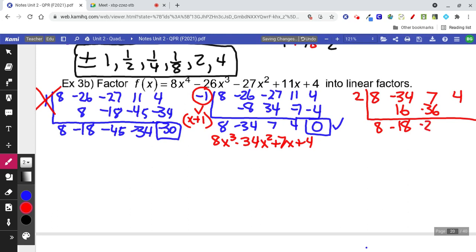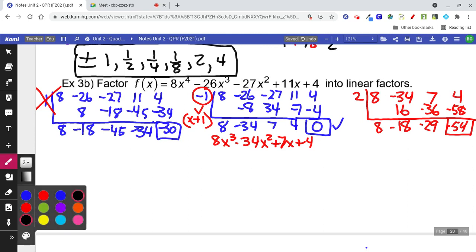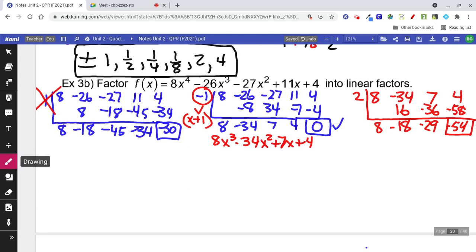Add down negative 29. Multiply negative 58. That's not going to work. Negative 54 as my remainder does not work. Okay. I know that 2 is not a 0. 2 is not a 0.